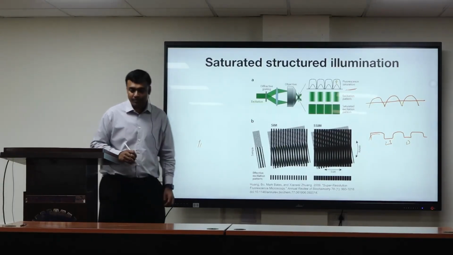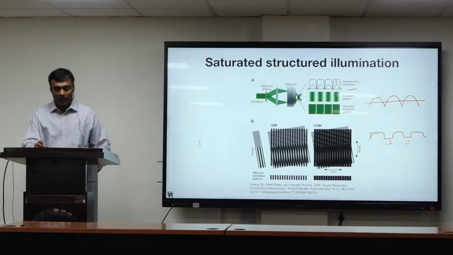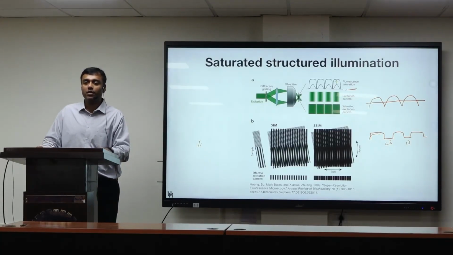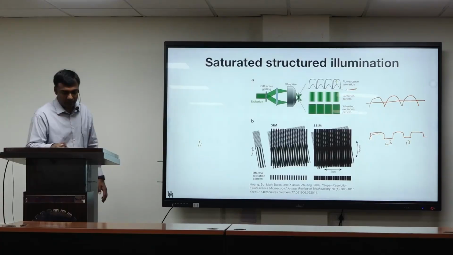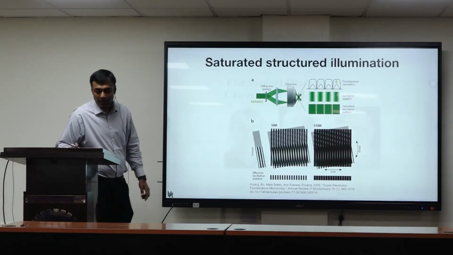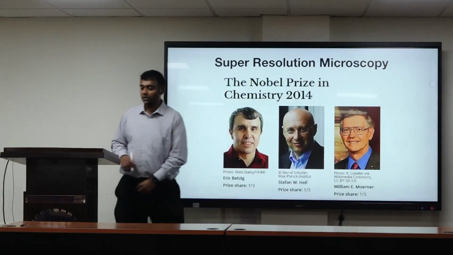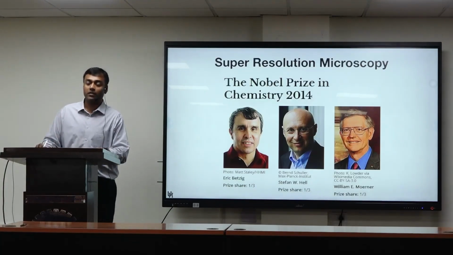That's one idea. This entire field of super resolution microscopy turned out to be very important, and it's one of the more important discoveries or inventions of the past 25-30 years or so. In fact, in 2014, the Nobel Prize for Chemistry was given to these three scientists, Eric Betzig, Stefan Hell, and William Moerner.